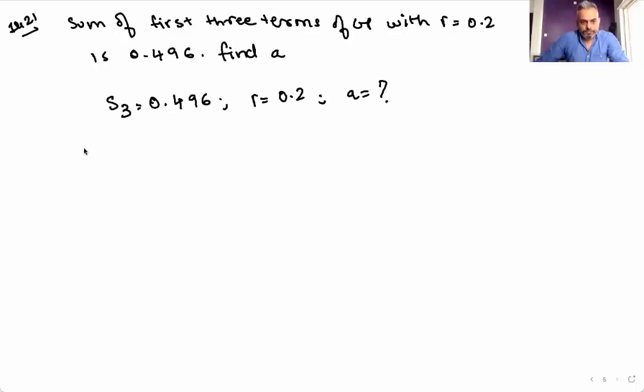Now, Sn is equal to A into R raised to n minus 1 upon R minus 1.